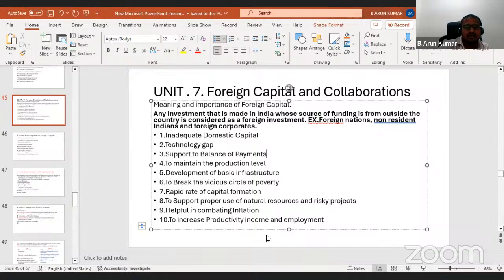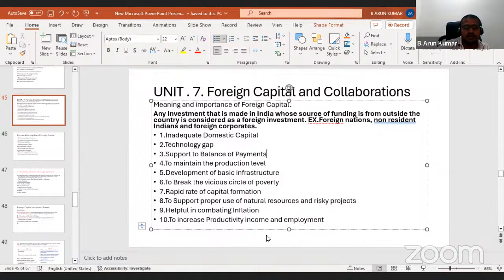So we need some money because of less savings in our country. We need more investment to establish new companies and to provide local facilities to the people of a particular location.